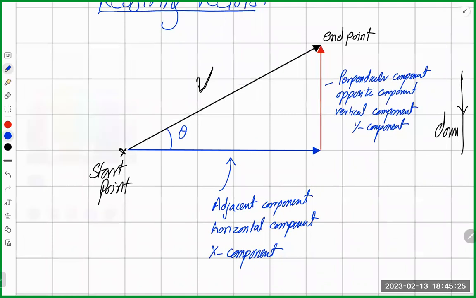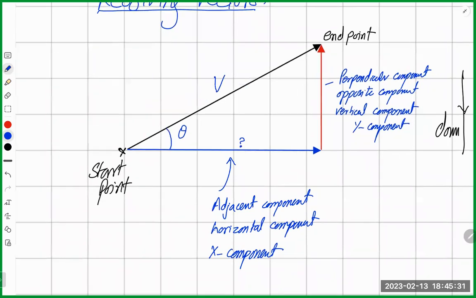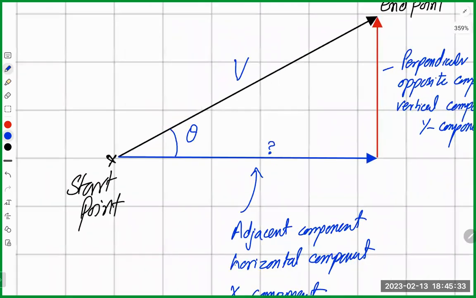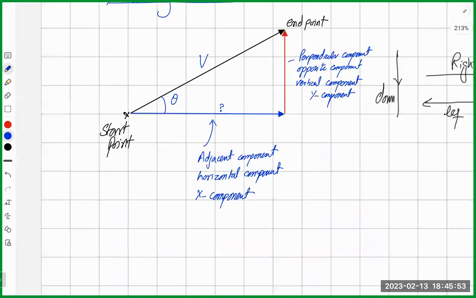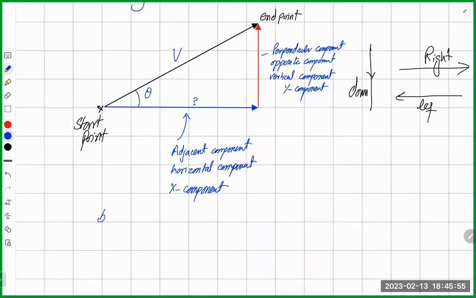Now, if V is the vector here, how can we find this one in terms of V and theta? Try to go back down the graveyard of your memory and fetch information for a right angled triangle where we connect base and hypotenuse. What is the relationship between base and hypotenuse? Cos theta equals base over hypotenuse.